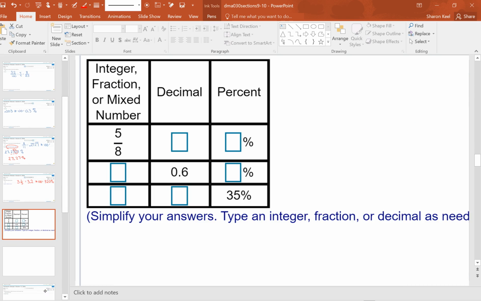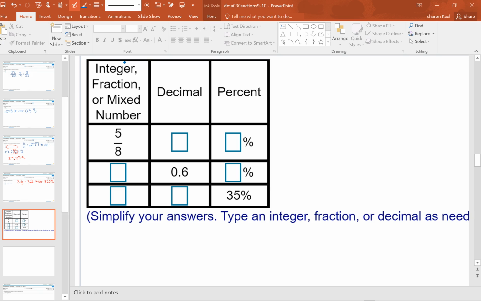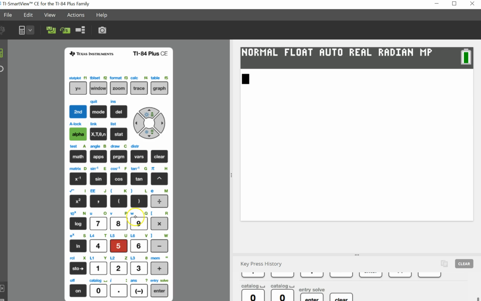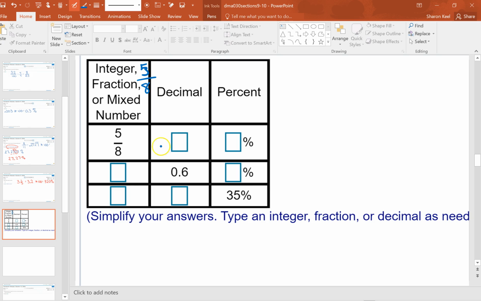When you get to working on your test, you will be given a problem that will be much in this form where you're given a chart. So first I have 5 divided by 8. I'm going to change that to a decimal and then the decimal to the percent. So I'm going to do this on the calculator and do 5 divided by 8. So here, 5 divided by 8 gives me a decimal of 0.625.